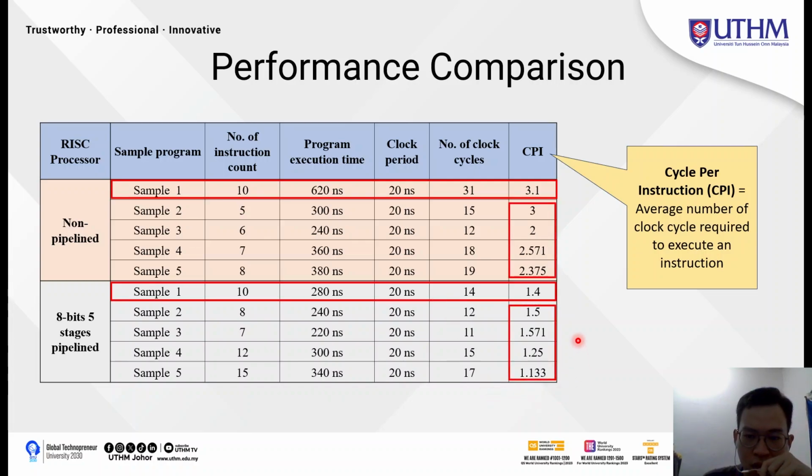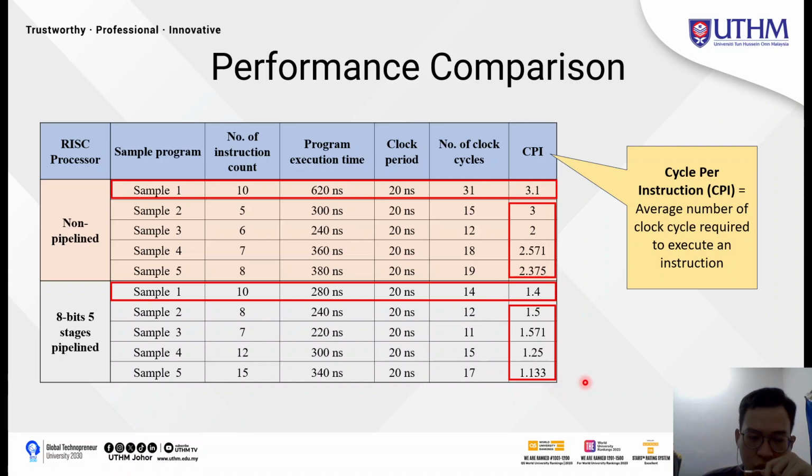Okay, as we can see, compared to the non-pipeline processor, the pipeline processor has lower CPIs for all of the sample programs. As we can see here, when the total number of instructions in a sample program is higher, the CPI required for the sample program is lower.